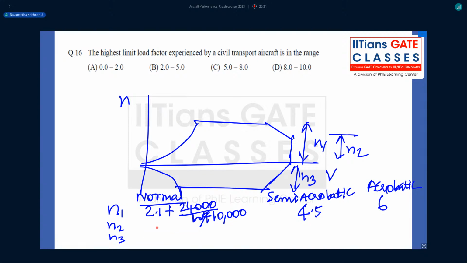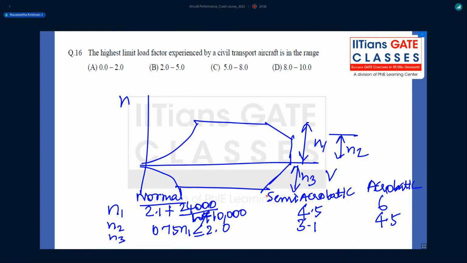N2 for normal aircraft is 0.75 times N1, but it is always less than or equal to 2.0. For semi-acrobatic aircraft, it is 3.1. For acrobatic aircraft, it is 4.5.